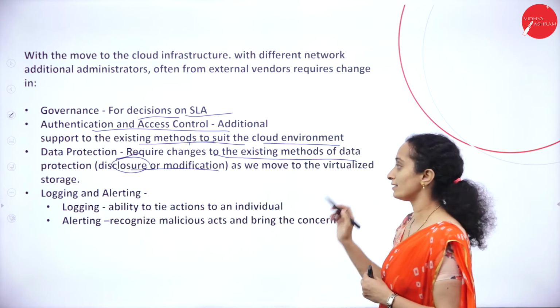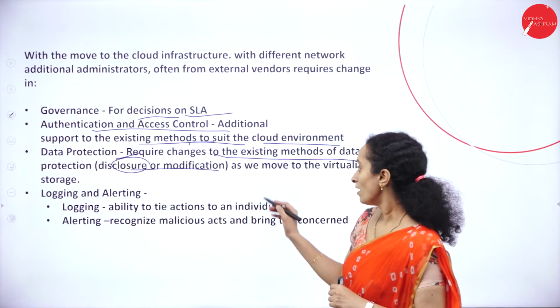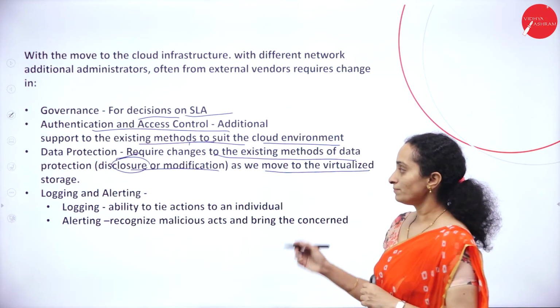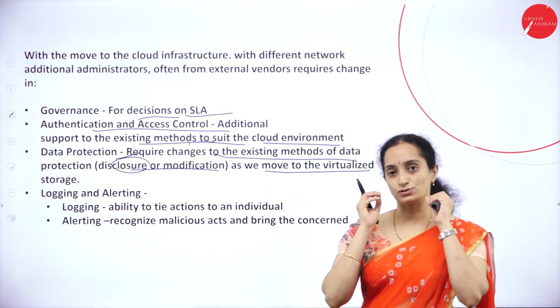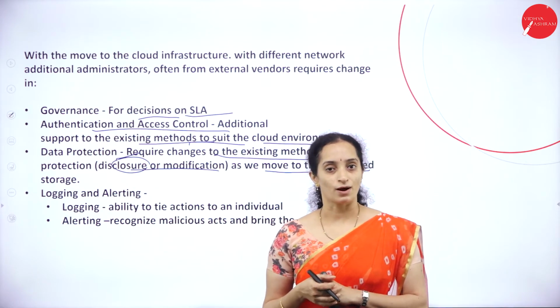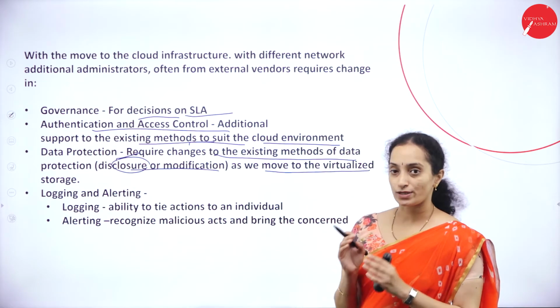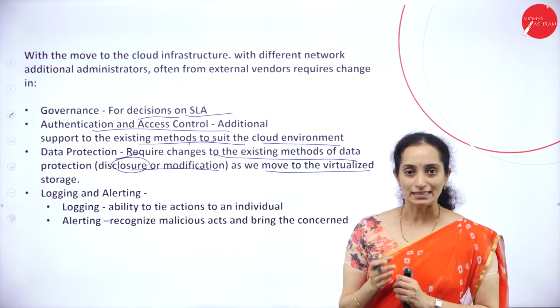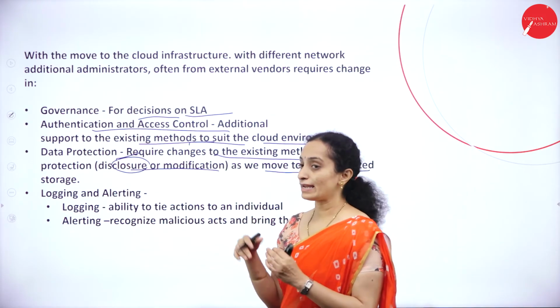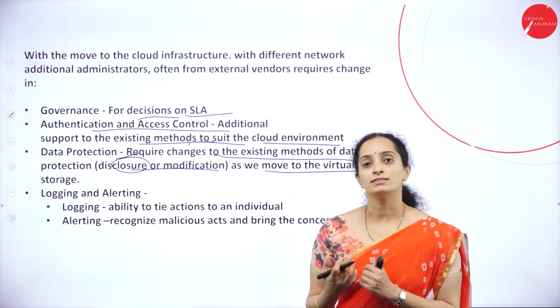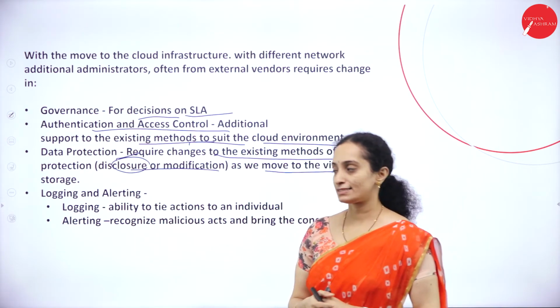How do you protect that? Disclosure or modification, from actual storage to virtual storage. When you are going to store the data in the cloud, how are you going to protect your data? That is the main concern in a cloud. So there must be additional methods along with the existing ones.